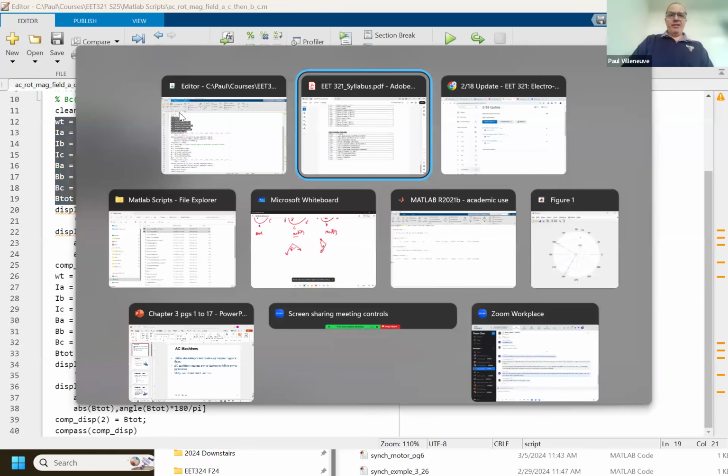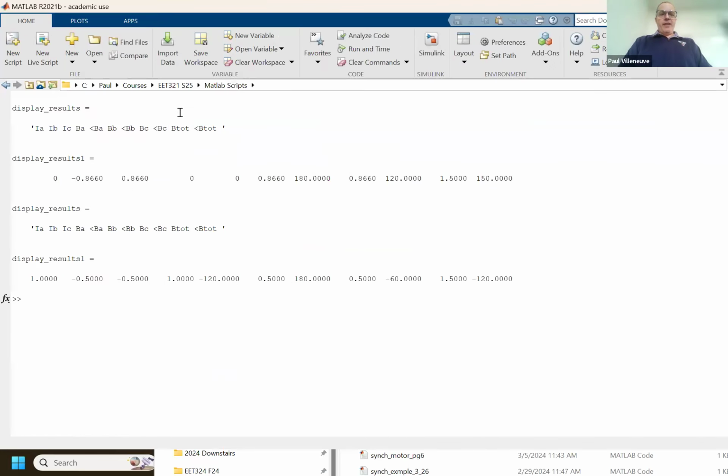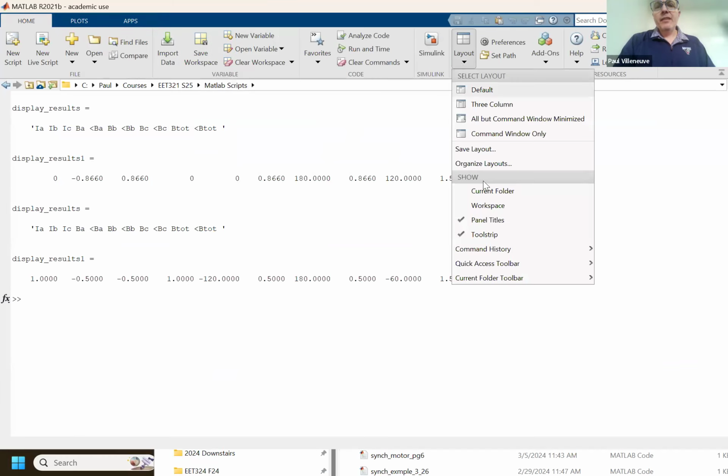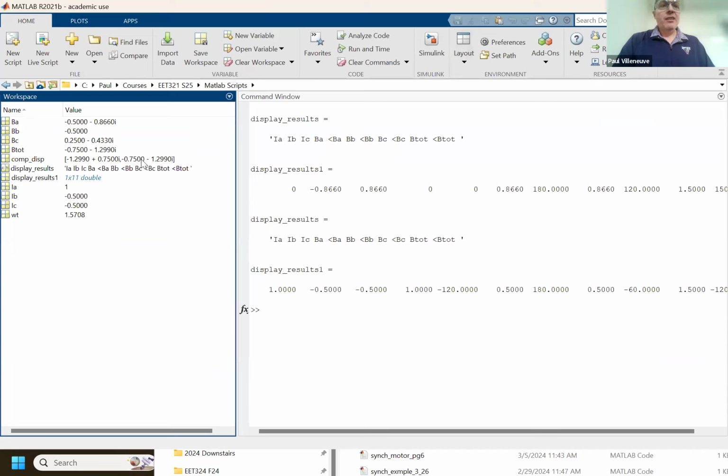I'll run it here real quick. I've got to bring the workspace up. Where's my view layout? If I want to see the workspace, these are all the variables that are stored in MATLAB. So if I wanted to be sneaky, I could pre-populate these variables with the results I want.